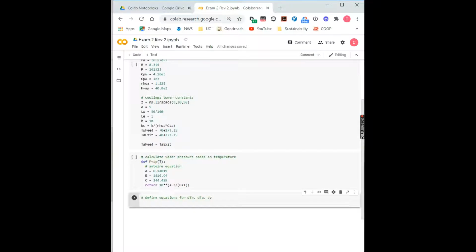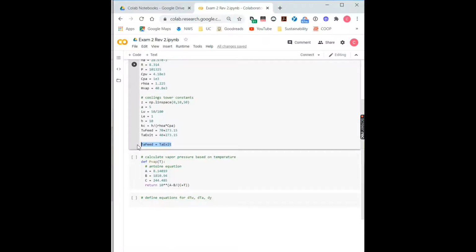Before we can define our equations that we're going to solve to find these water temperature, air temperature, and water mole fractions, we need to remember that this feed temperature that we had was a guess, and so we'll need to optimize that guess to fit this situation.